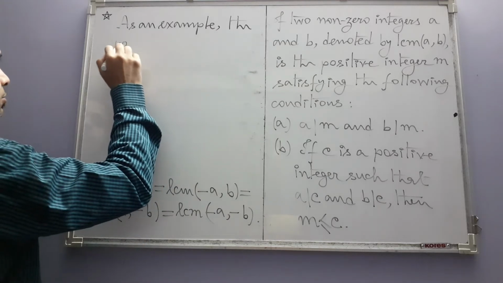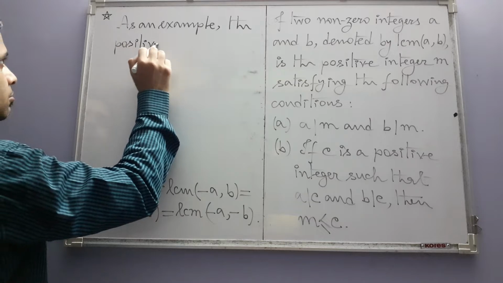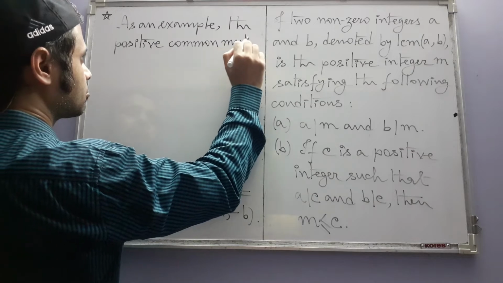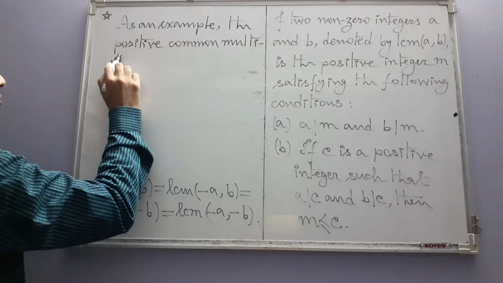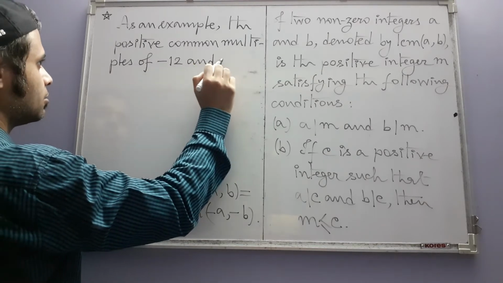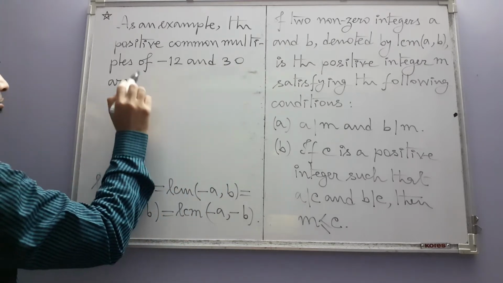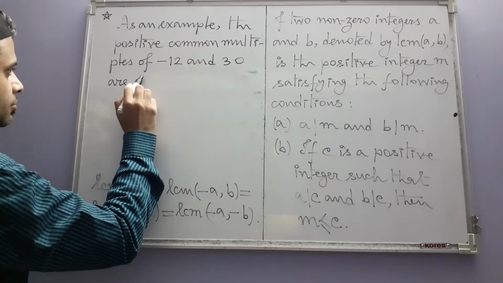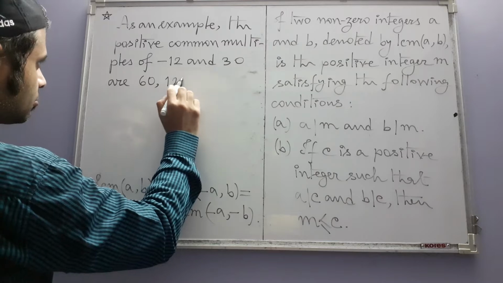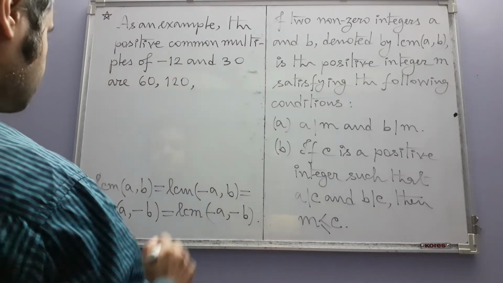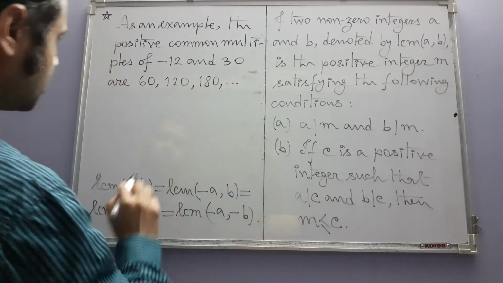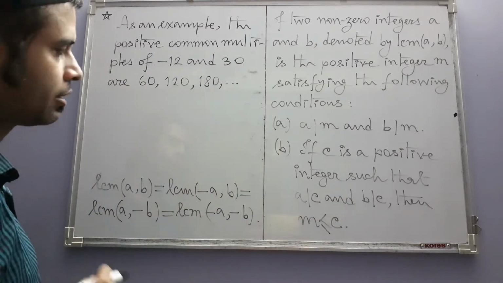The positive common multiples of minus 12 and 30 are 60, then 120, then next 180, and it will of course not end, because common multiples will get larger and larger.